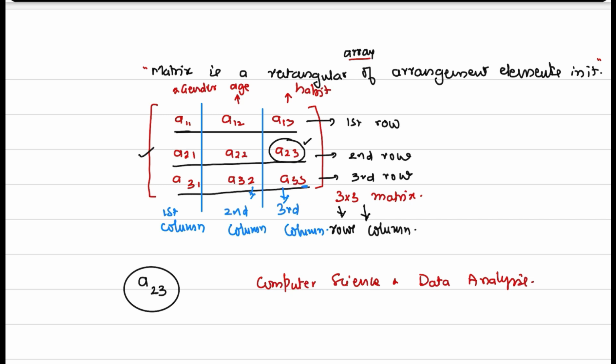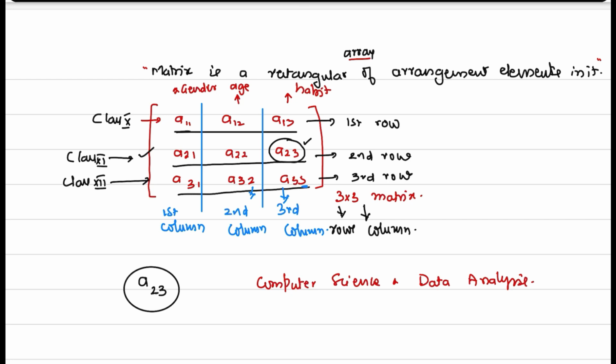That is A11, A12, A13. And in rows, we can have different students like class 10th students, class 11th students, class 12th students. So this much data of 9 numbers we have embedded in a simple matrix.